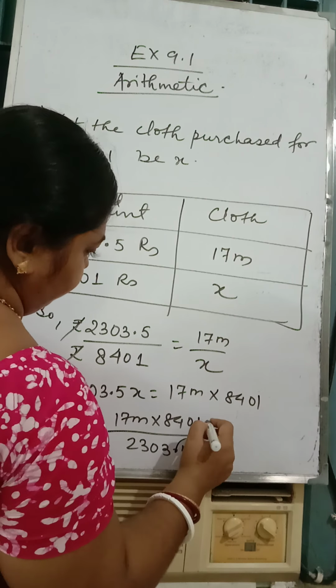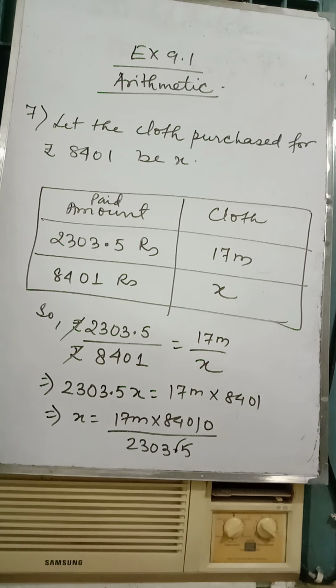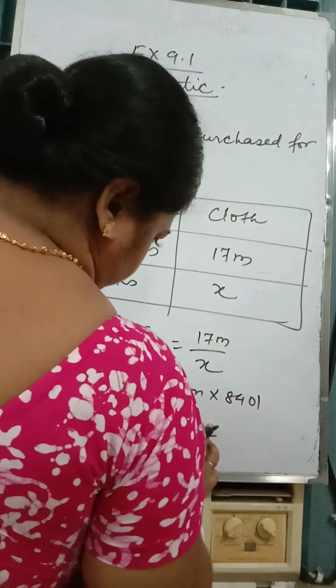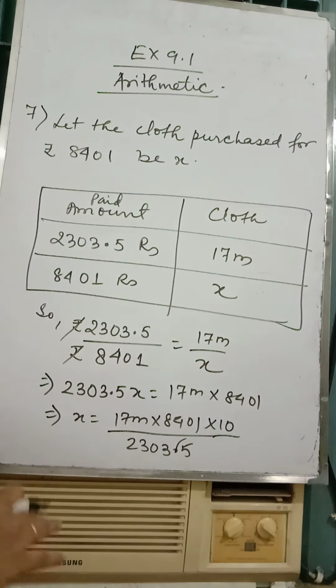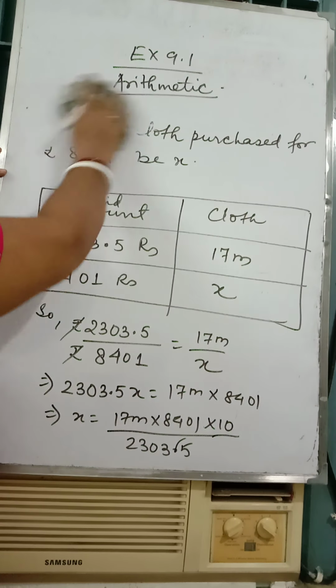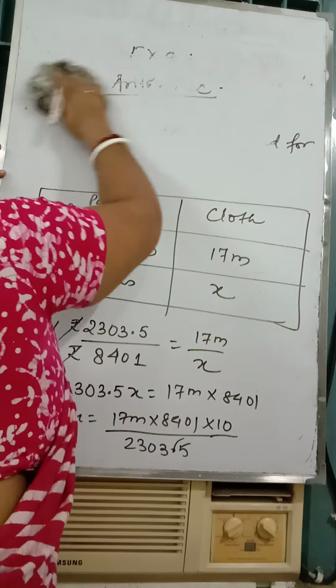Now to remove the 0.5 I multiply by 10. I feel there is no problem. Now the solution I am doing above. This I am rubbing because I have to reduce.